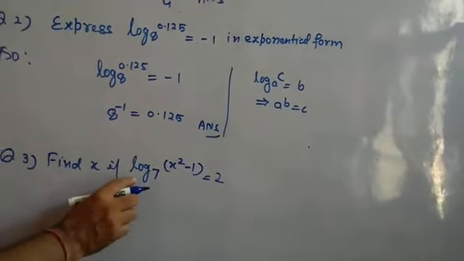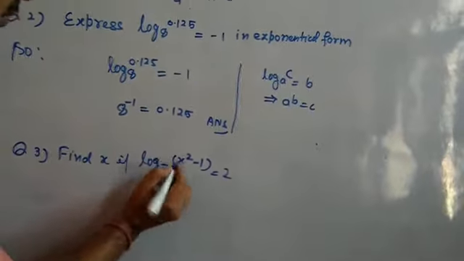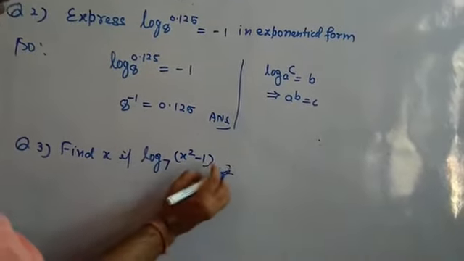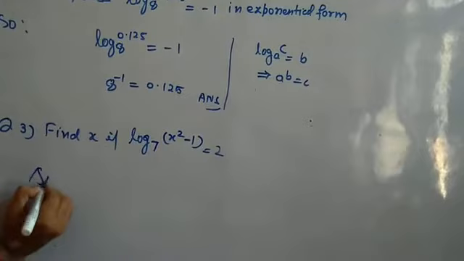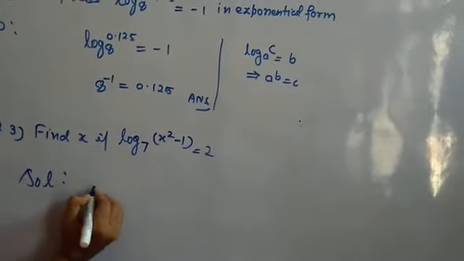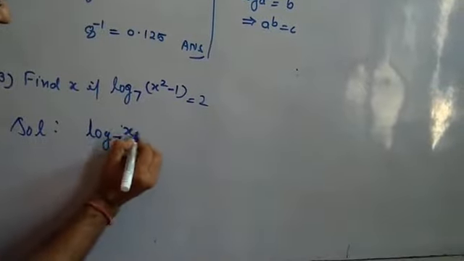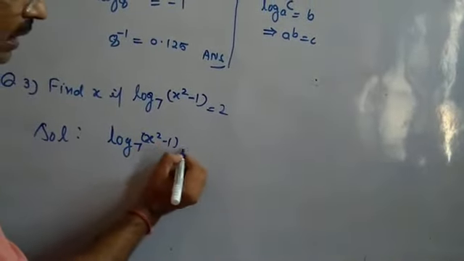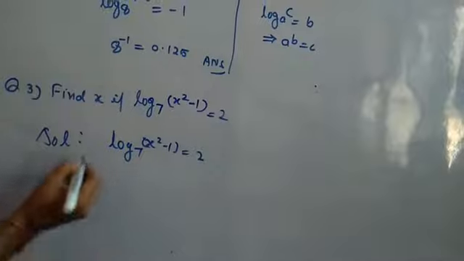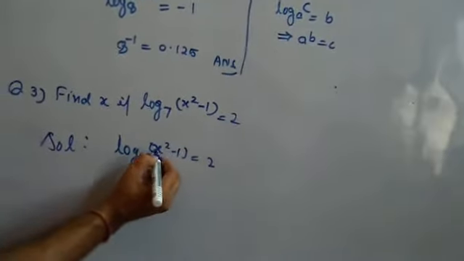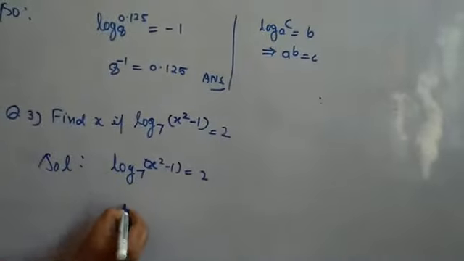Solution: log x square minus 1 at base 7 equals 2.